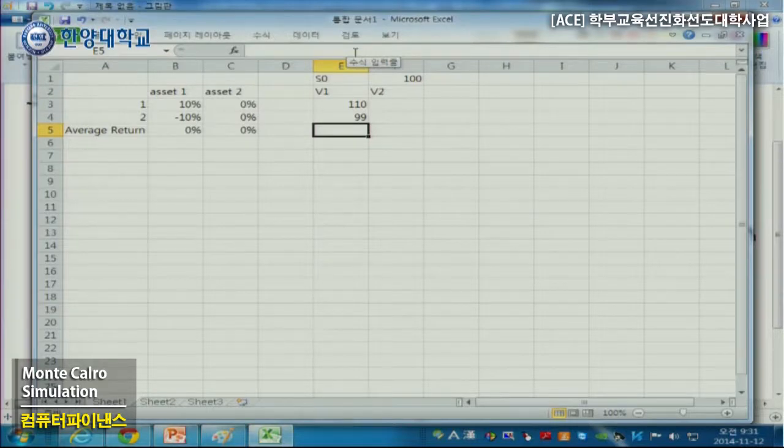So what is the holding period return? We invest $100 and it becomes 99. Then what should be the holding period return?